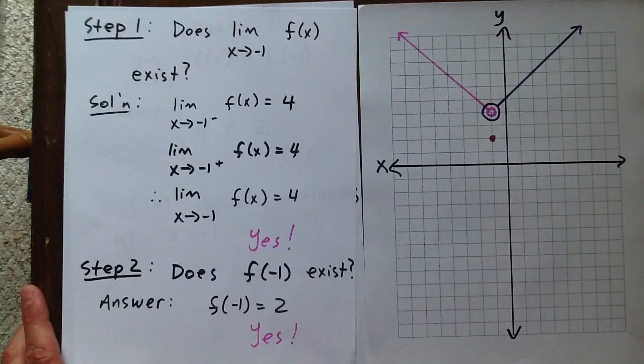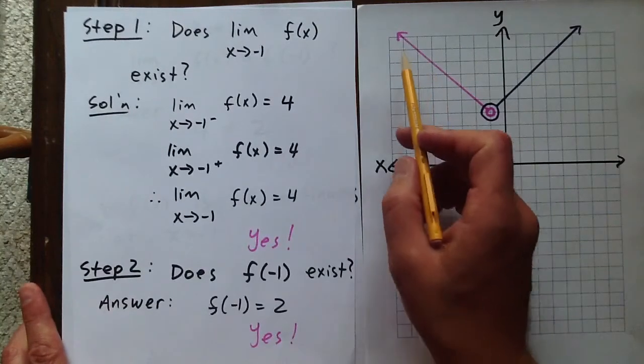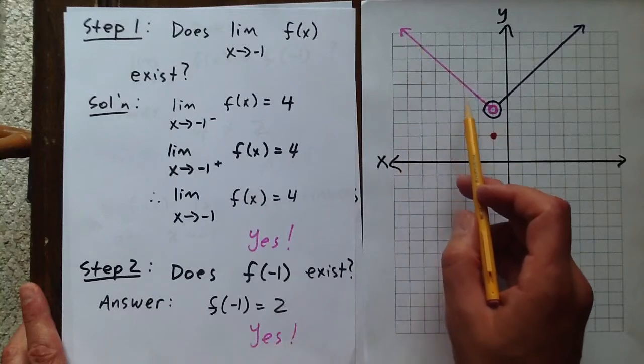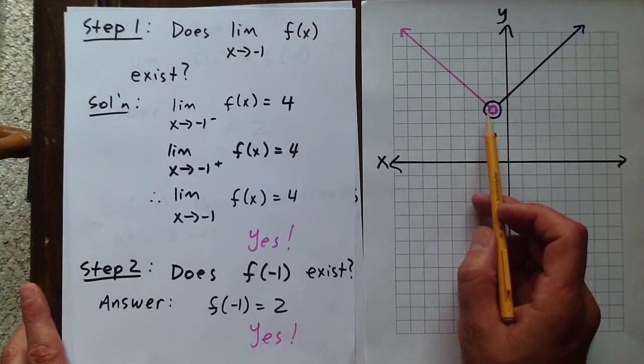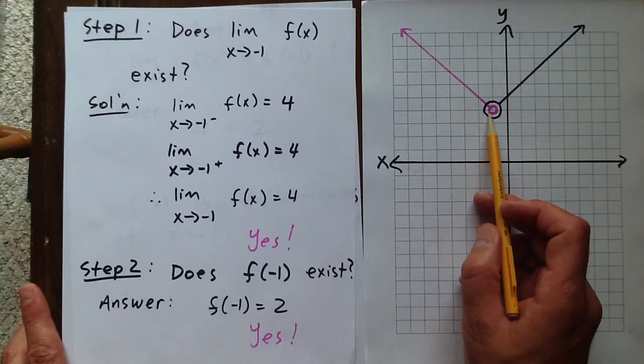First of all, does the limit as x goes to -1 of f at x exist? Well, from the left-hand side, we see that the limit as x goes to -1 from the left is 4. As x gets closer and closer to -1, y gets closer and closer to 4 from the left.